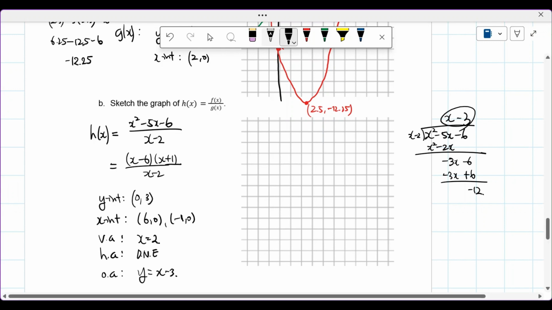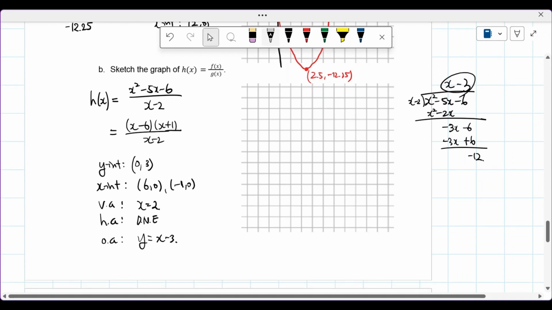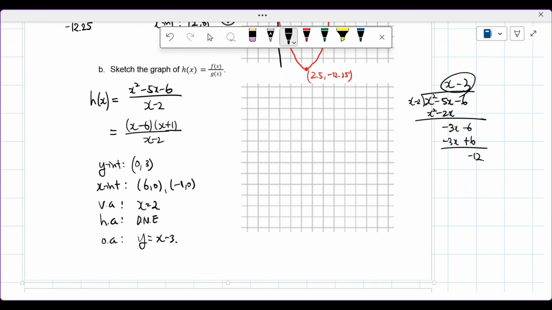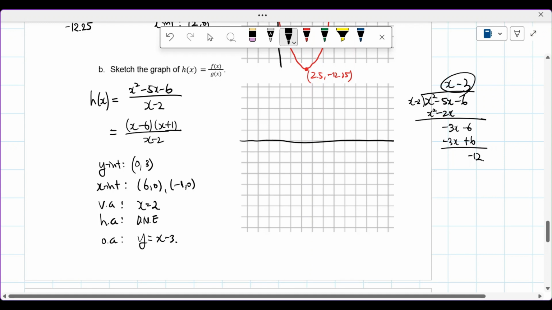Now let's plot the key features and graph the function. First of all, my xy seems to be all positive. Let's go like that. Plot the key features. X equals 2 is my first vertical asymptote, labeled. Y equals x minus 3, so that's going to go through these 2 points.